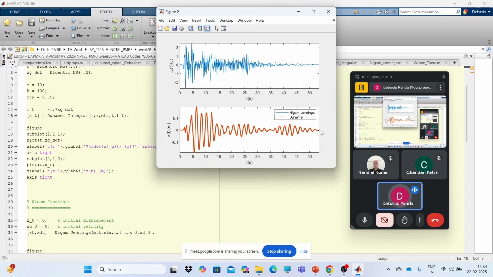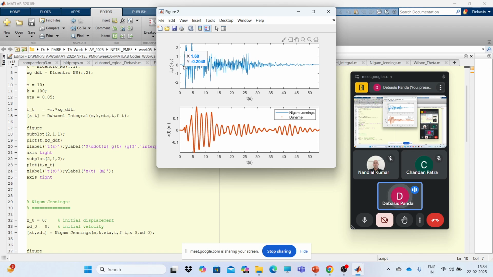This is the Nigam-Jennings method. It's very simple, but the assumption is that the force varies linearly. That means linear interpolation of the force is possible. Like here we talked about the arbitrary force, and we consider two time points. So for this earthquake force, which is very much random, it will consider linear points, and then it calculates and gives me the responses.